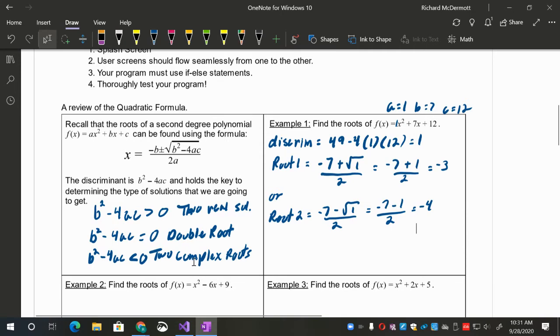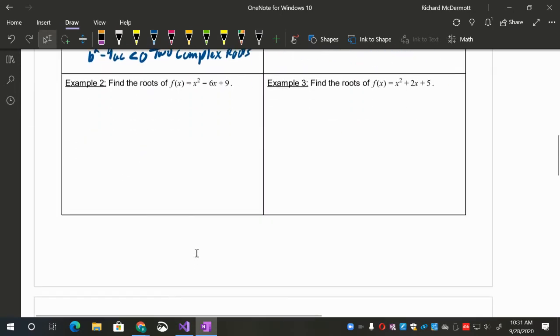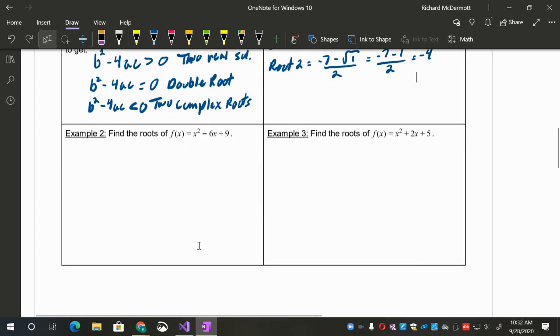Let's take a look at this next example where we get a double root. When we look at the discriminant, the discrim is equal to b squared. So I've got negative 6 squared, that's 36, minus 4 times a times c. So that's 36 minus 36, that's 0.